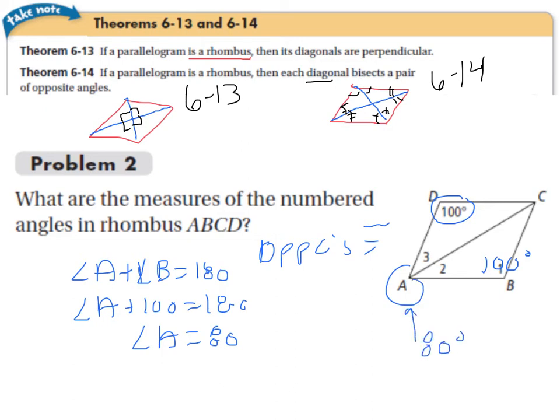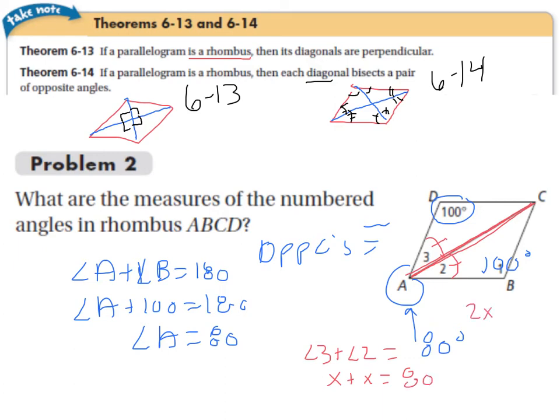But I have to figure out what 3 and 2 are. Well, using my last characteristic of 6-14, this is a diagonal because it goes between two of my opposite angles. That means this angle is congruent to this angle. So really, angle 3 plus angle 2 equals 80 degrees. And I could put the same variable for each angle.